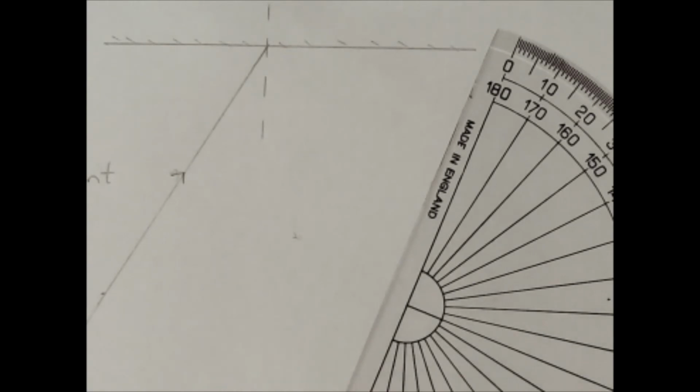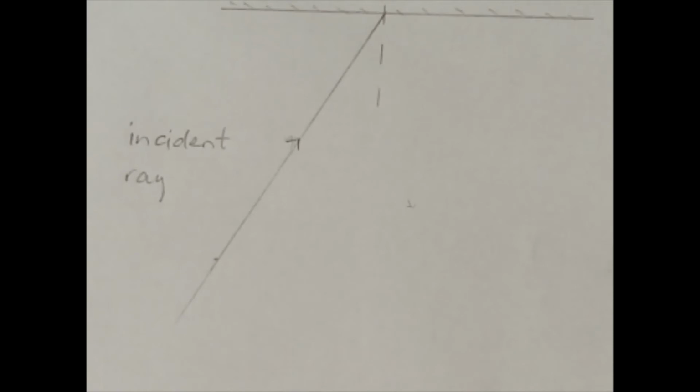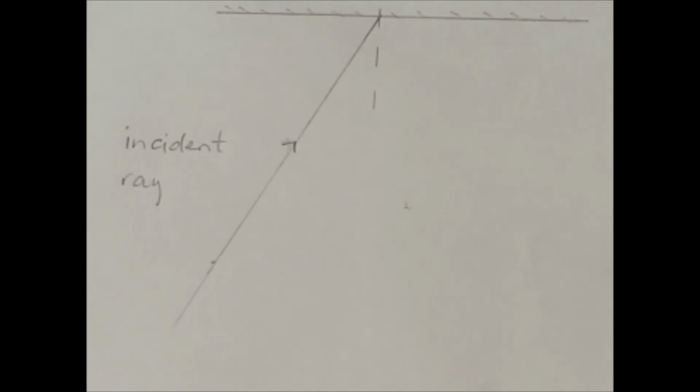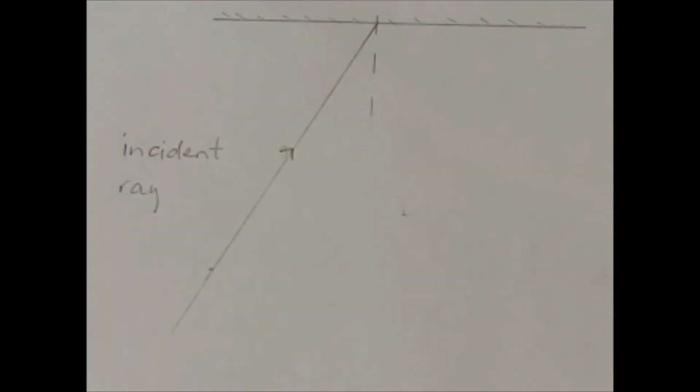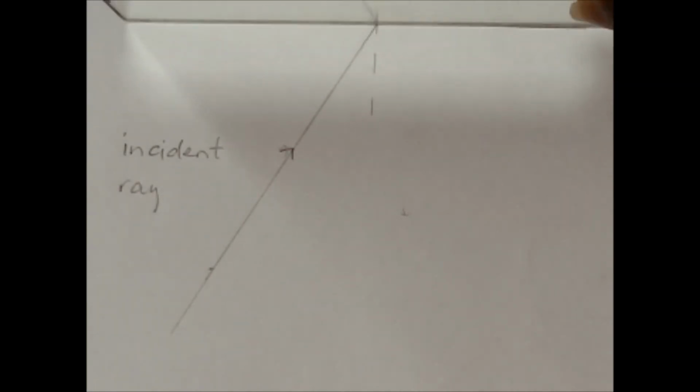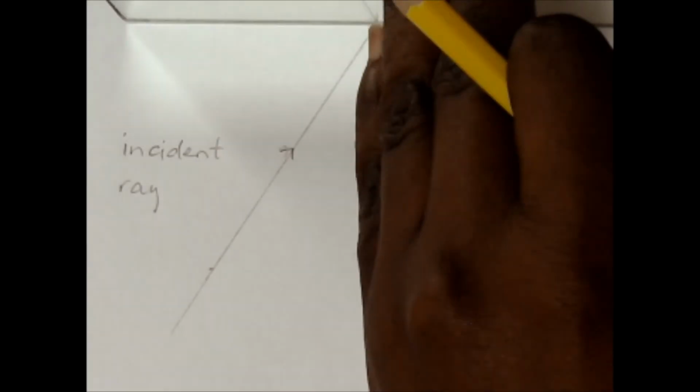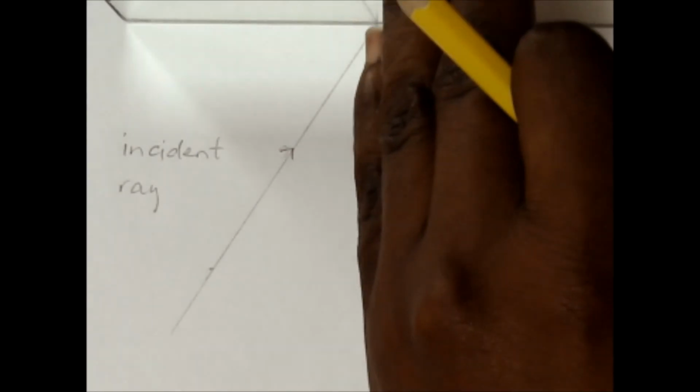Then I'm going to shine the light in along that, and we will see what happens. I'm going to put my mirror on my mirror line. Make sure it has its support.